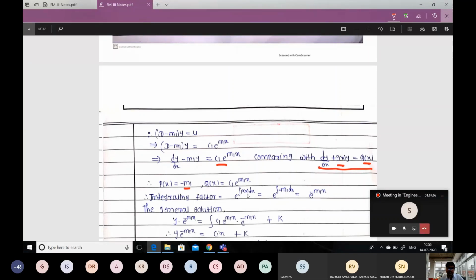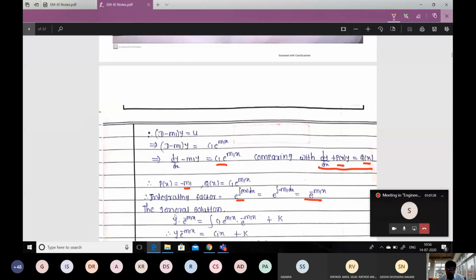The integrating factor is e to the power integration of p of x dx. What is the value of p of x? It is minus m1. So integration of minus m1 dx, where minus m1 is obviously constant, we take it outside of the integral. So we are left with e to the power minus m1 x. We get this as the integrating factor.